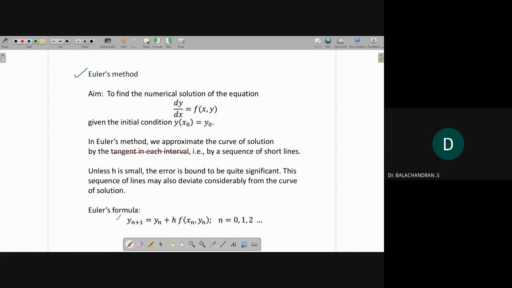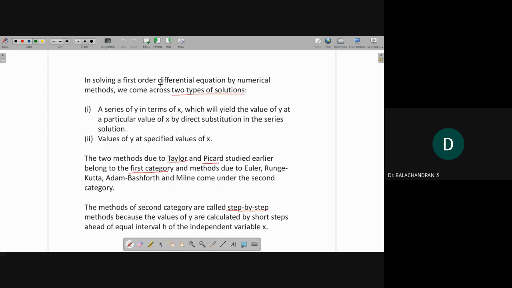In solving first order differential equations by numerical methods, there are two types of solution, but we come across only one method, that is Taylor's method. Picard's method is also there, but it is not in your syllabus.